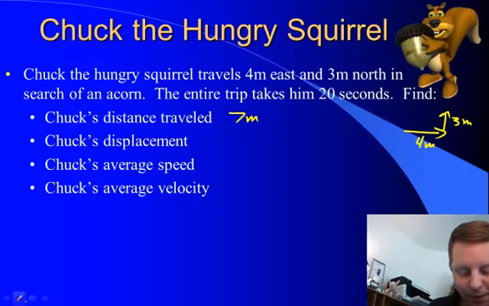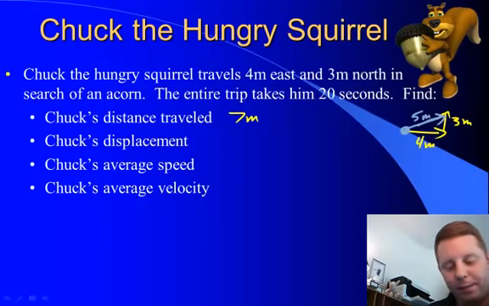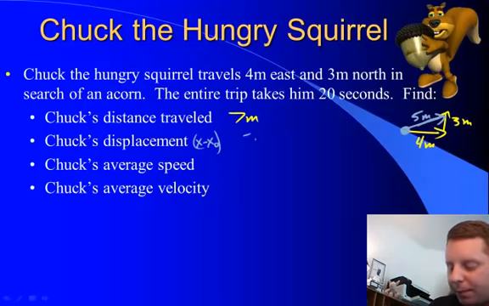What's his displacement? Well, displacement then is the straight line distance from where you start to where you stop. That looks like a 3-4-5 triangle. Or if you didn't remember the 3-4-5 rule, you could use the Pythagorean theorem to find out that the length of the hypotenuse is 5 meters. So Chuck's displacement, x minus x naught, which is a vector, displacement, must be 5 meters northeast.